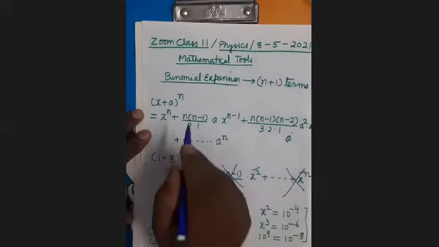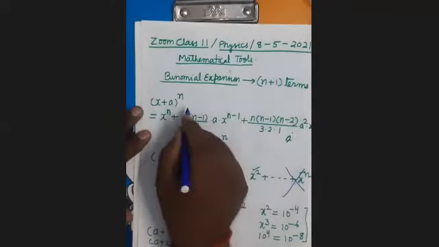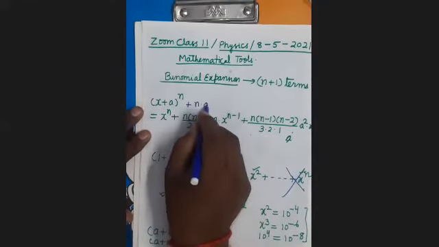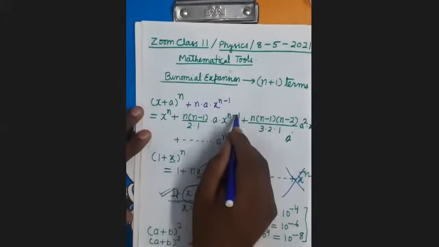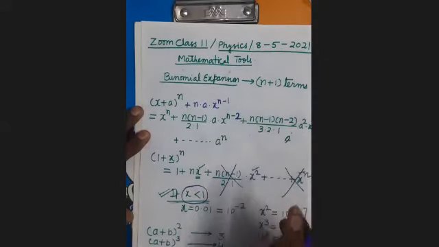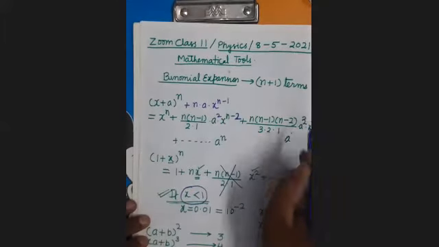Here x^n + n a x^(n-1), then it is n-2, here it is n-3. So like that you can do. This is a square, this is a cube.